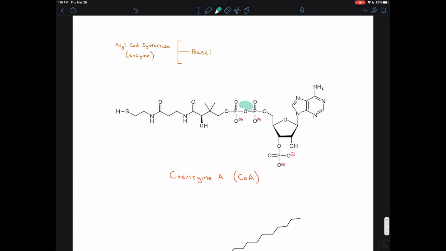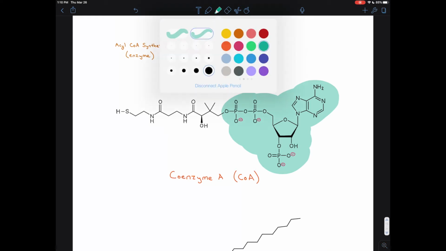So the artifact part of the molecule is this whole thing here. Notice how similar that is to the adenosine in ATP. You just have this phosphate group down there, which is a little weird, and you only have 2 phosphates over here, but that's interesting.